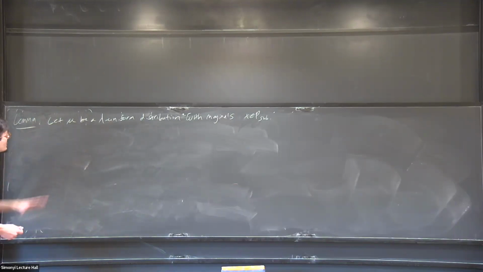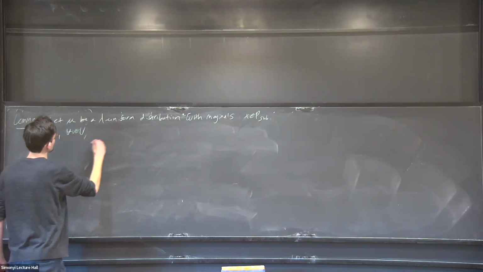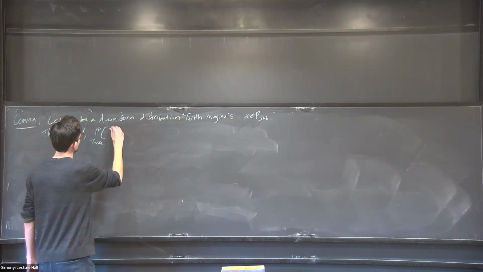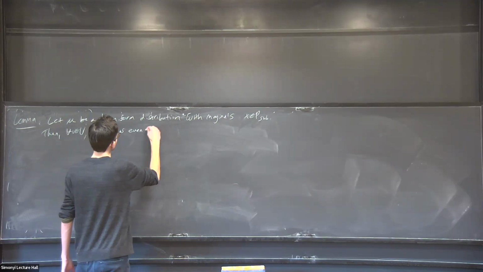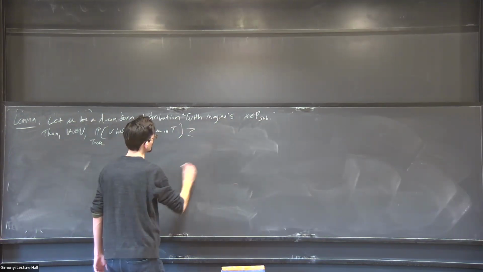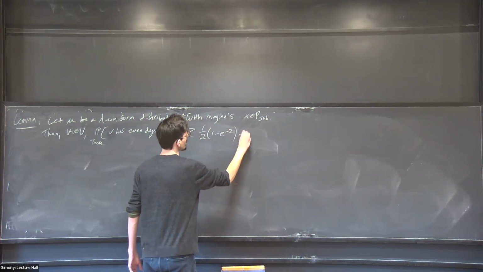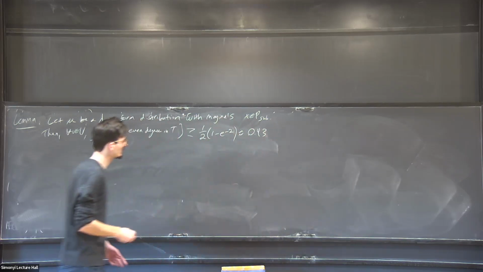Okay, so here's this lemma: let mu be a lambda uniform distribution with marginals X. Then for all vertices, the probability that V has even degree in T is at least 1/2 (1 minus e to the -2), which is about 0.43.